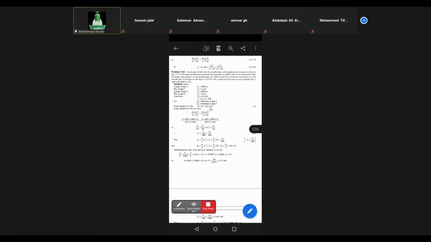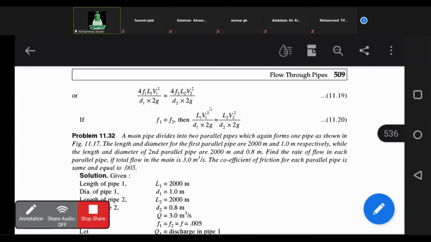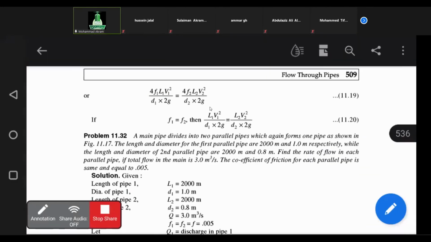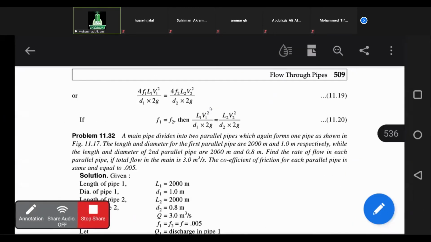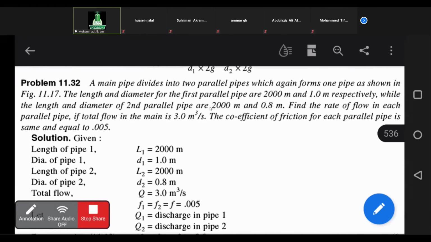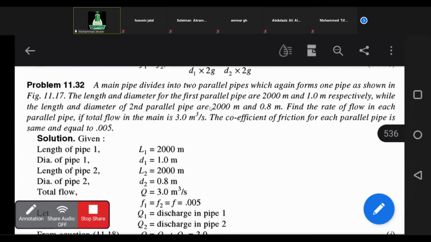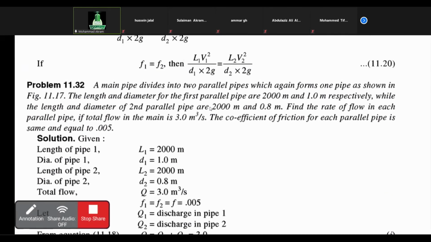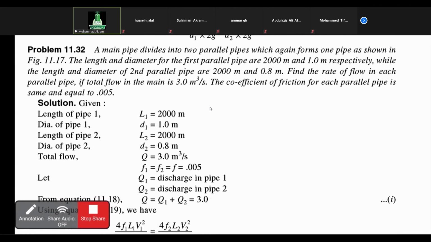Say this 11.32 question. A main pipe divides into two parallel pipes, which again form one pipe, as shown in figure 11.17.